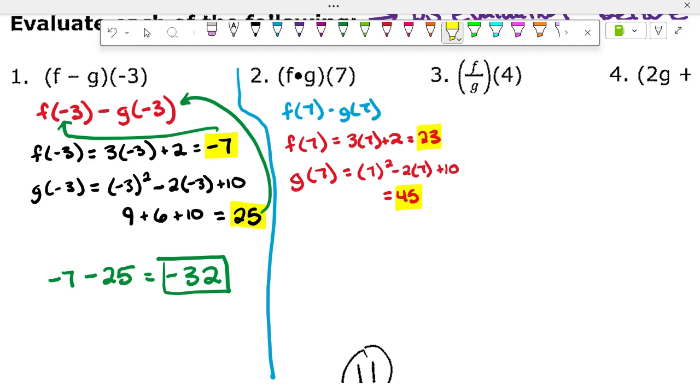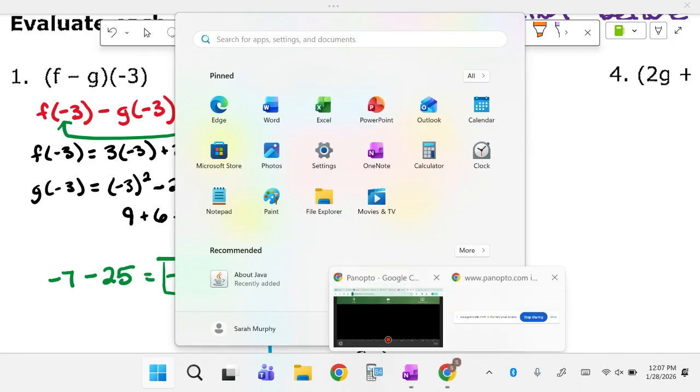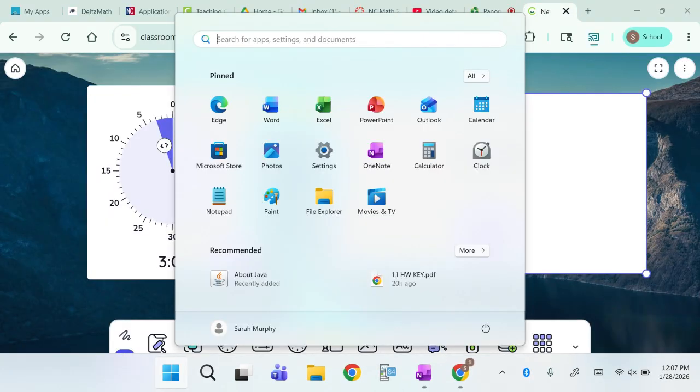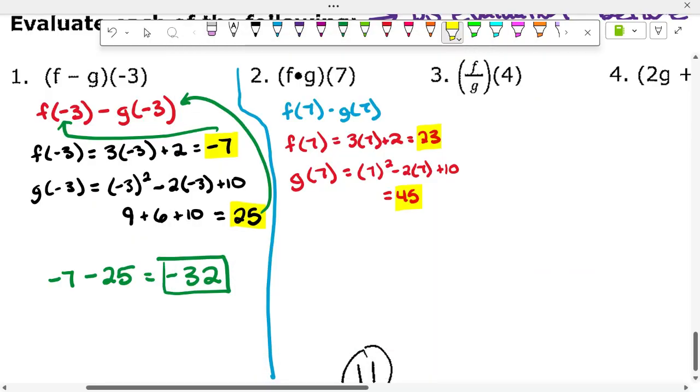All right. So let us go with Anna. What'd you get for f of 7? Okay. So let's see, how do you plug it in? Okay. Let's talk about it.